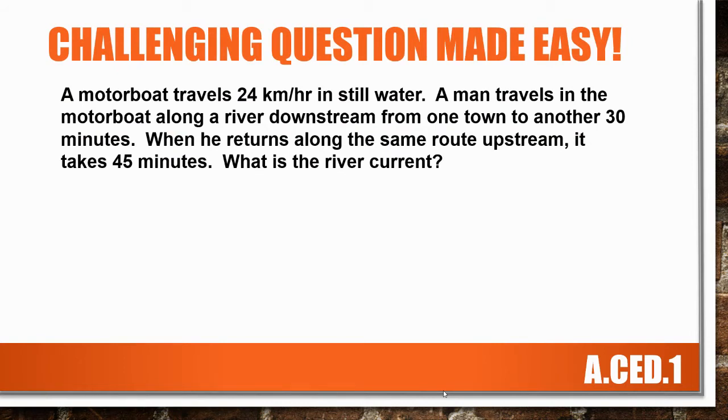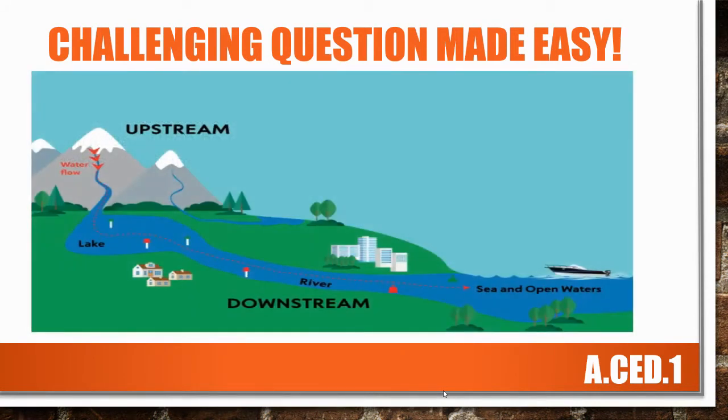Time for a challenge problem. A motorboat travels 24 kilometers per hour in still water. Well, let's look at this for a minute because this problem is going to talk about downstream, upstream. So let's look at a picture. This is a stream of water, and if you go upstream, you're going against the current, which is going to make you slower.